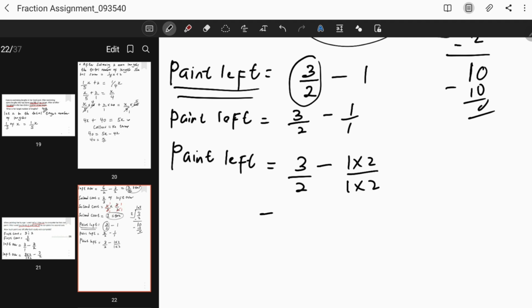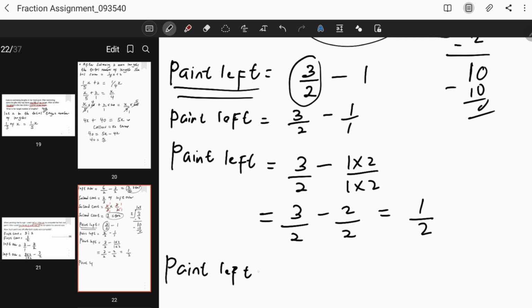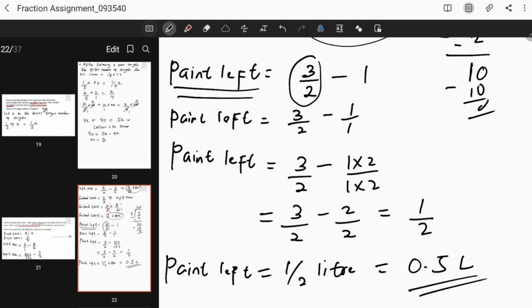Equivalent fraction at work, equal to 3 over 2 minus 2 over 2, which is equal to 1 over 2. So the paint that will be left is equal to 1 over 2 liters, which is equal to 0.5 liter, right? So the same answer. So what will be left is 0.5 what? Liter.